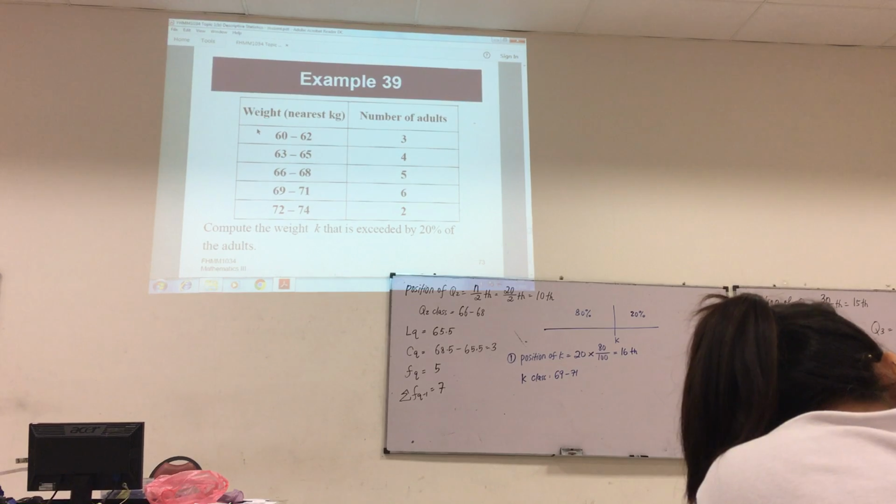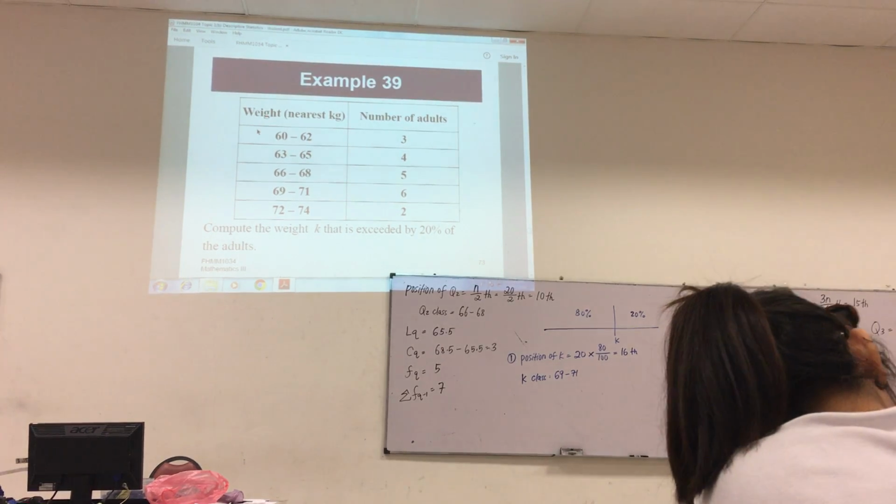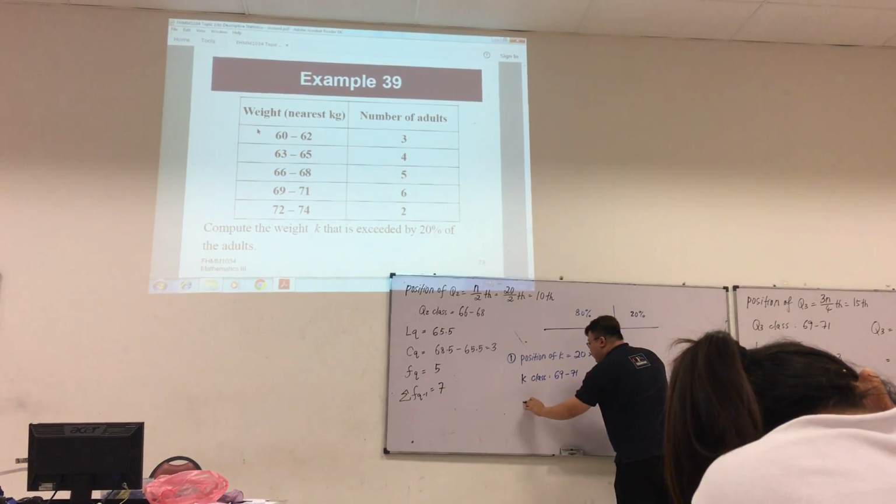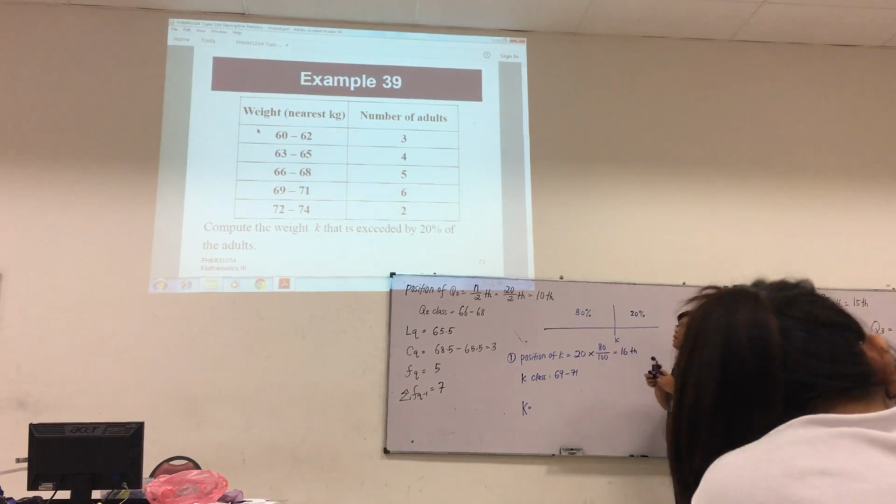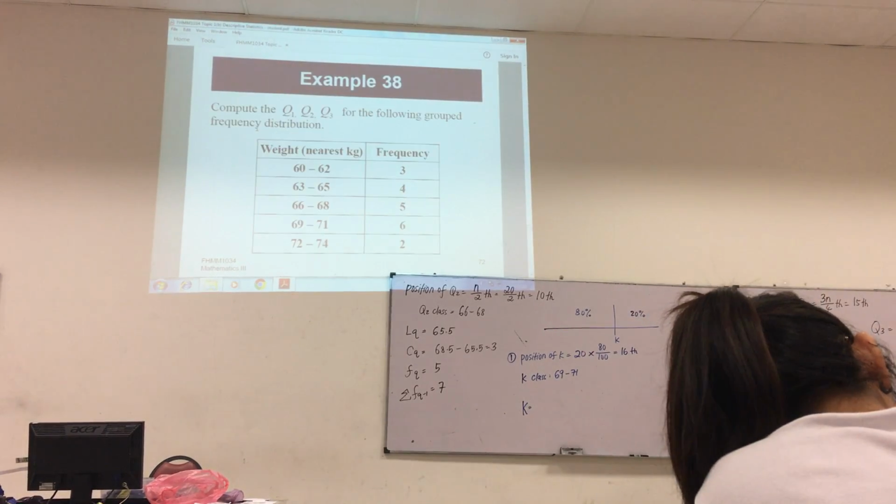So when we calculate the value of K, the K value is calculated based on the quartile formula.